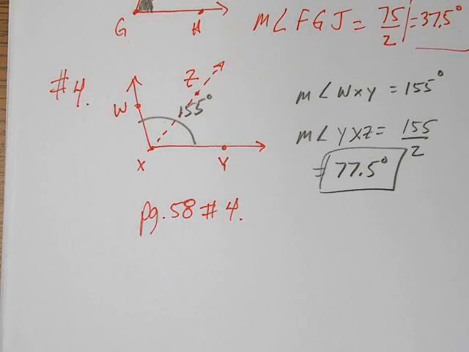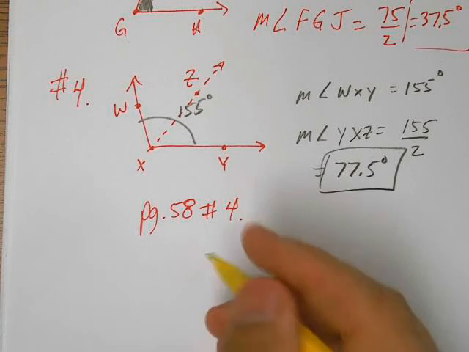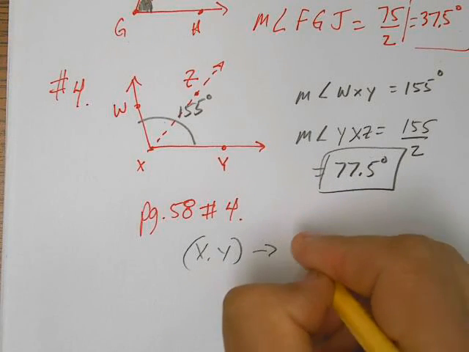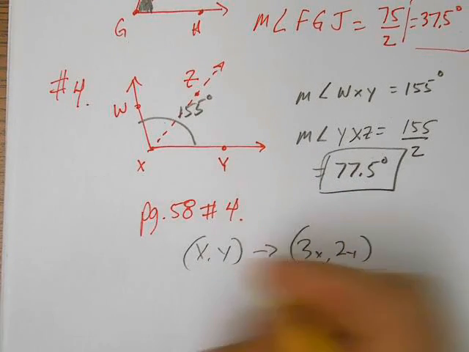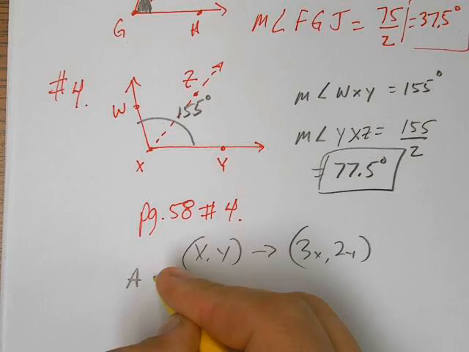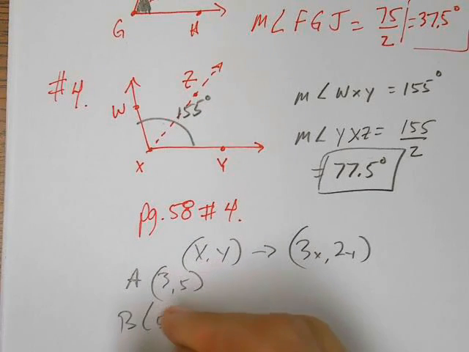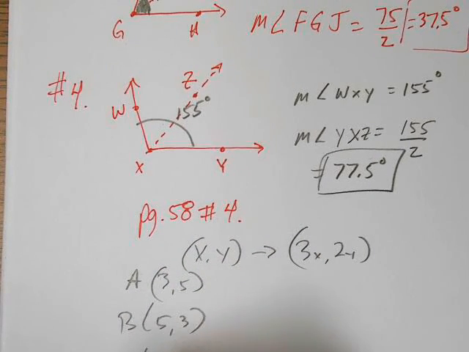Okay, how do we do it? Let's see. So the rule on number 4 is (3x, 2y). So we're going (x, y) maps to (3x, 2y). The 3 coordinates: A is (3, 5), B is (5, 3), and C is (2, 2).